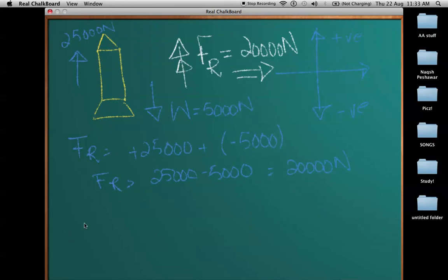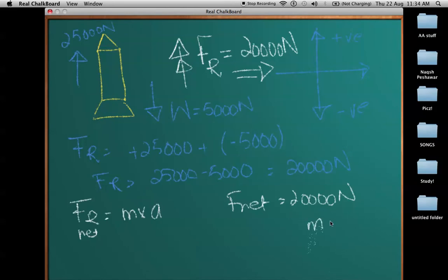Now the next part says, what is its initial acceleration? So for the initial acceleration, we have the formula F net is equal to m times a. We know F net is equal to 20,000 newtons, and m, the mass of the rocket, was 500 kilograms.